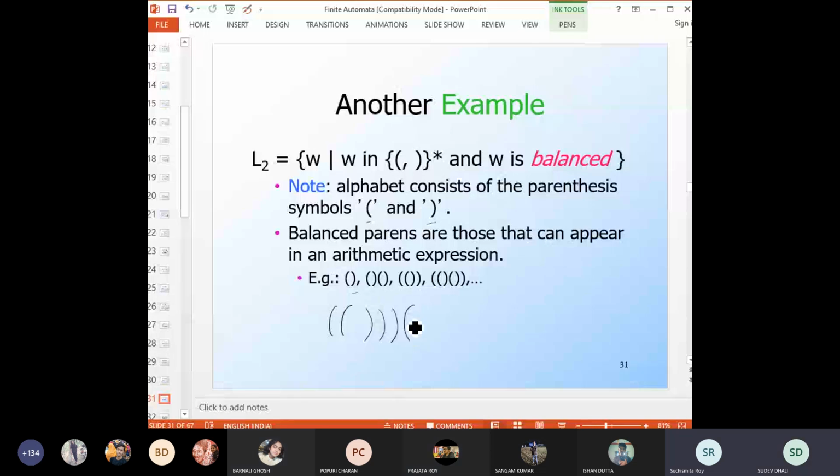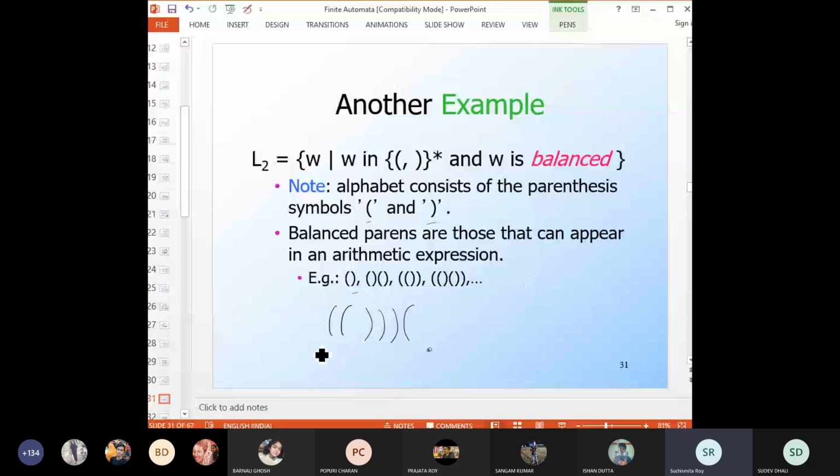Now when you reach this point, you might find that the number of left brackets and right brackets are actually the same, but this is still not a balanced parenthesis. So you have to keep a count at every point of how many left brackets you have seen, and the number of right brackets should not exceed the number of left brackets. That is the definition of a balanced expression, right?